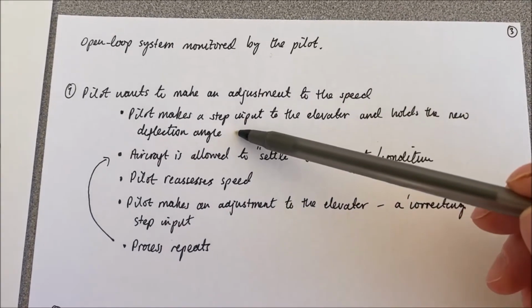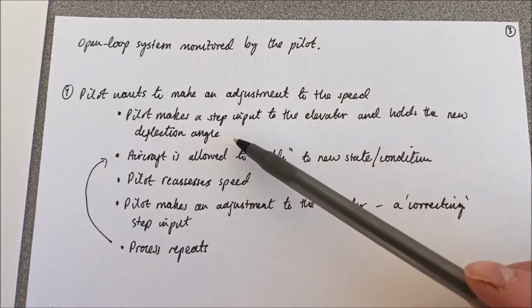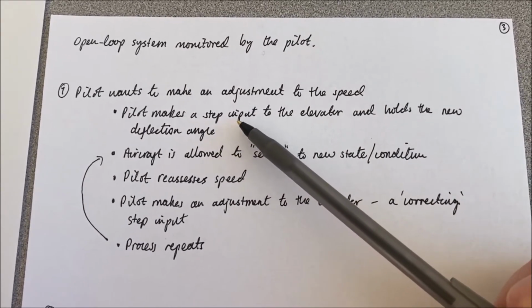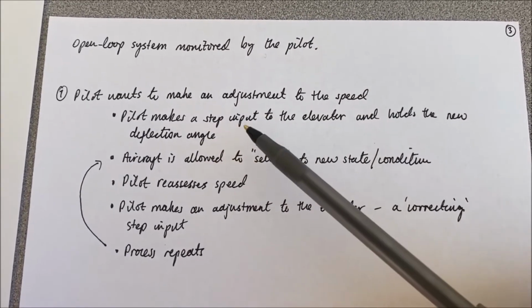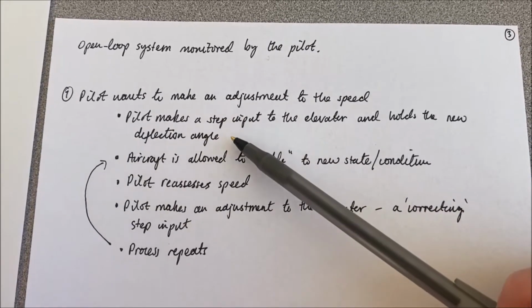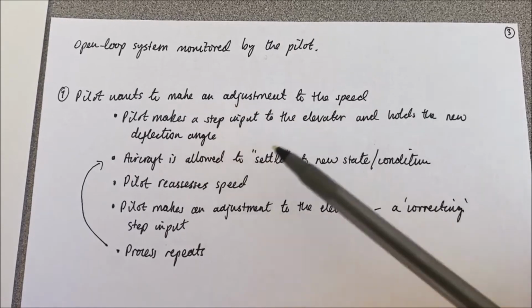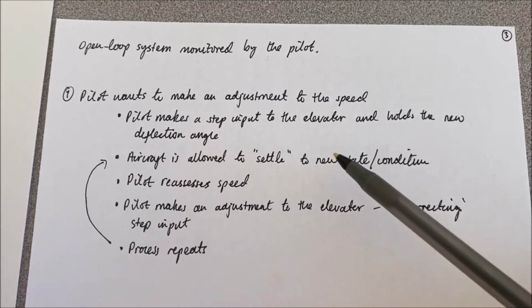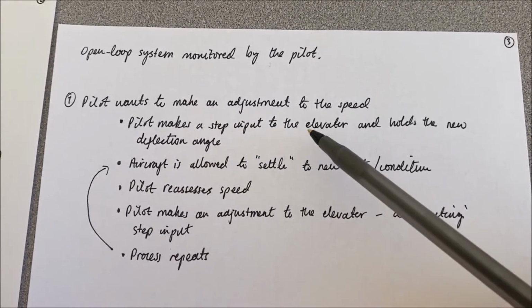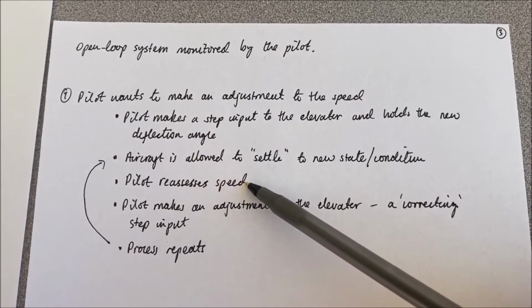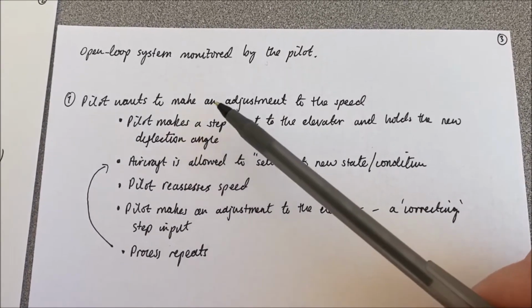Now, in reality, obviously some of these inputs are going to be continuous. They're not necessarily going to be step inputs, but for convenience of describing the dynamics here, we're going to assume that the pilot makes a step input to the elevator, allows the aircraft to settle down, allows the forces to equalize, and then that allows the pilot to reassess the original input, right?